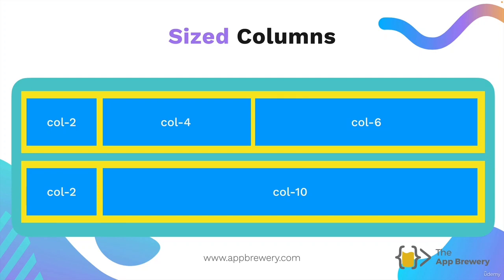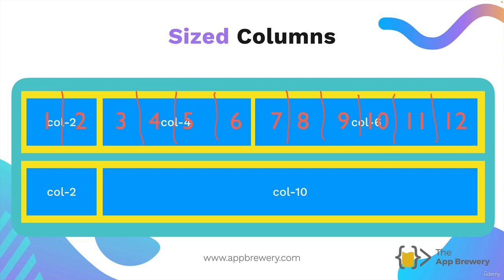The layout system gets more interesting when we start using sized columns. Instead of just writing col as the class, we can actually set the class as, for example, col-2 or col-4. And what this is saying is, if we think of each of our rows as having 12 columns, and we split them all up into the 12 equal size columns, like this.